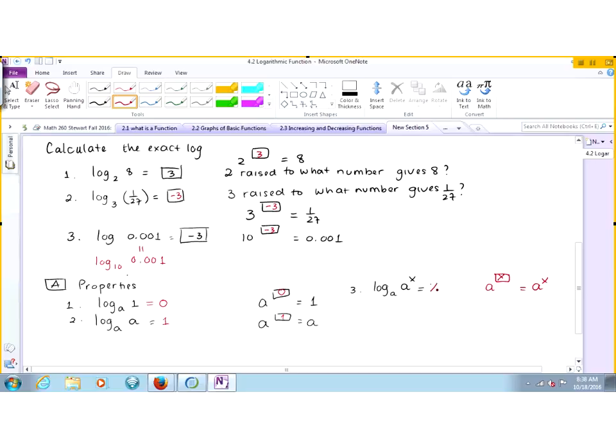So my answer will be x. Now the last one, number 4, is A raised to the log base A of x. This is also equal to x, right?